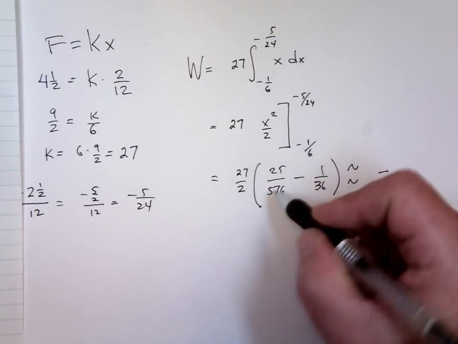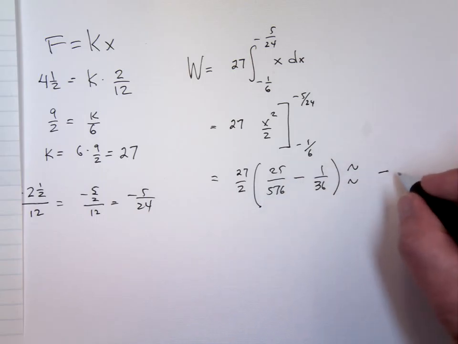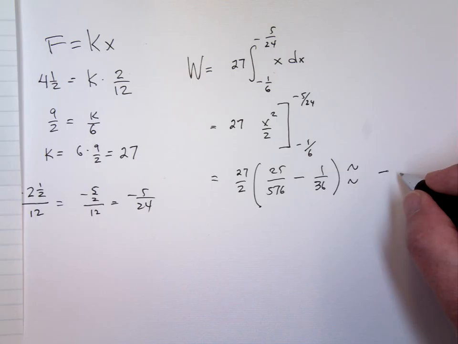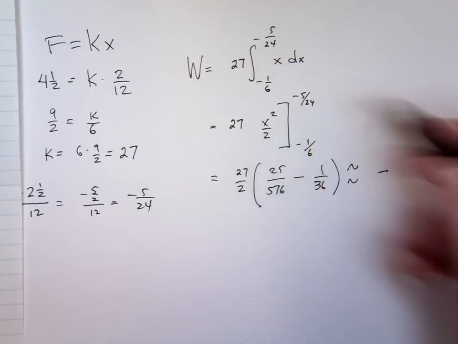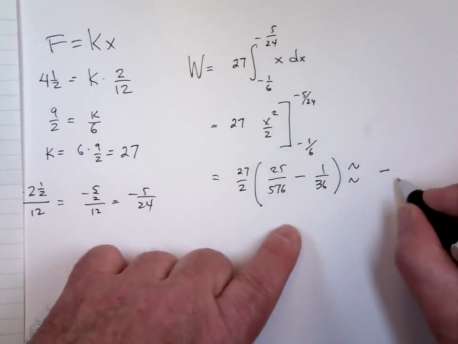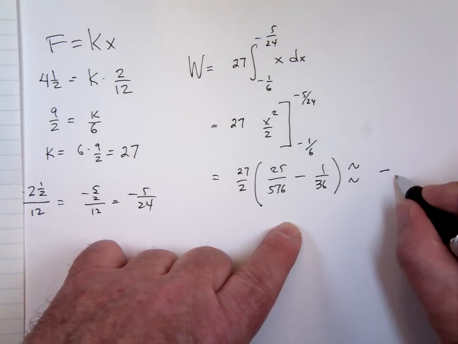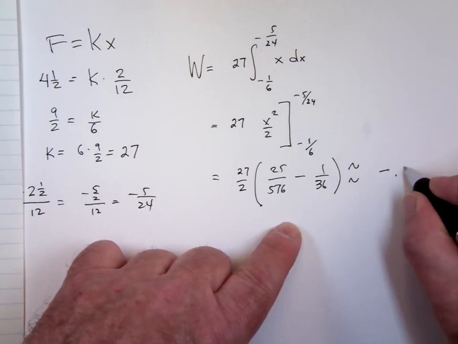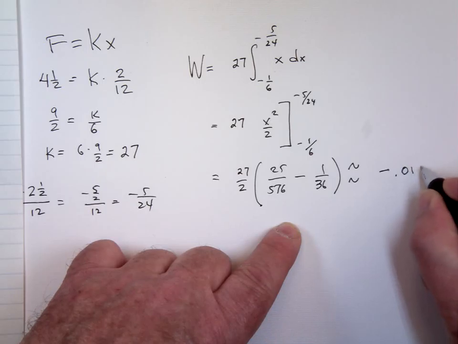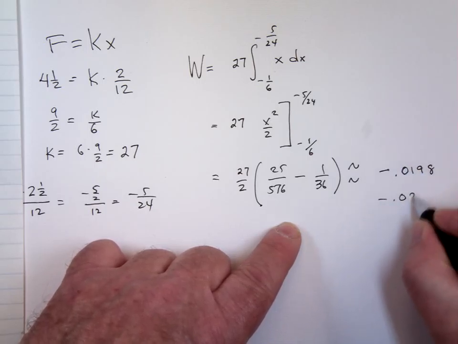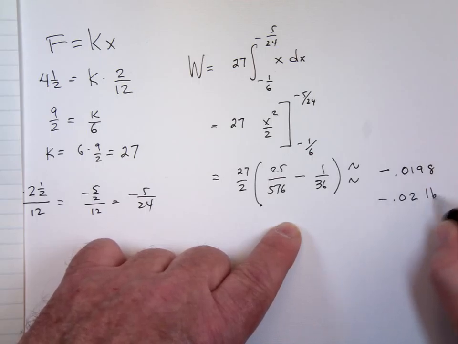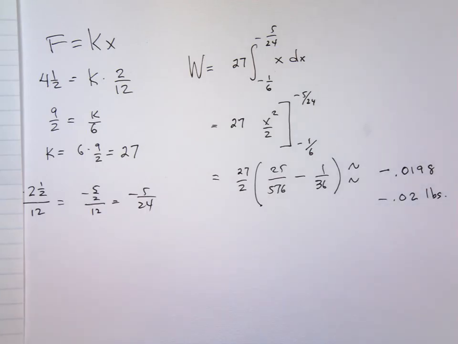Okay, you did this in the calculator, and you got what now? I put in 27x squared over 2 for the integral, and I got negative 0.0198. And you went from negative 1/6 to negative 5/24? Yeah. That would be in pounds, and if that's what you got, you multiply by 27.